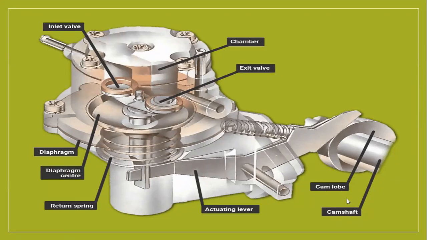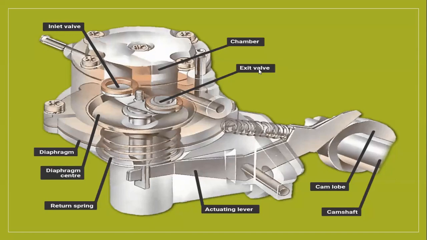The camshaft's main function is opening the valve, but it is actuated by the actuating lever. The actuating lever is connected to the cam. So camshaft, lobe, actuating lever. The inlet valve is there, the exit valve is also there.